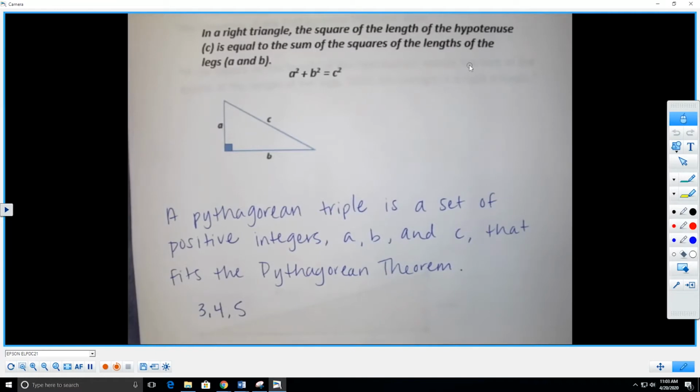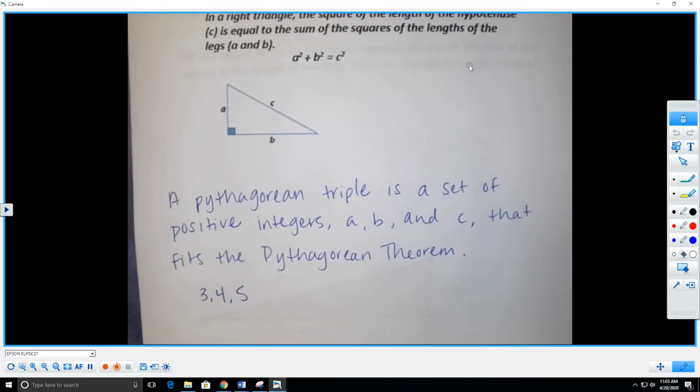Which one of the measures should be the hypotenuse in this set? Right, it should be the longest length if we think this is a right triangle. Let's test it out. Follow along with me. If we substitute in the values for A, B, and C, the final mathematical statement should be true.